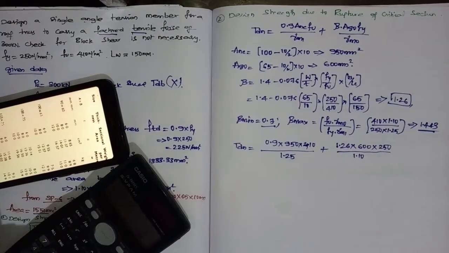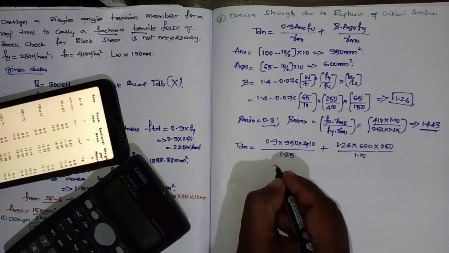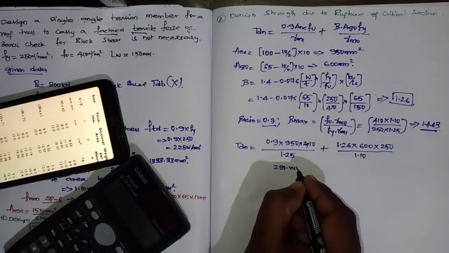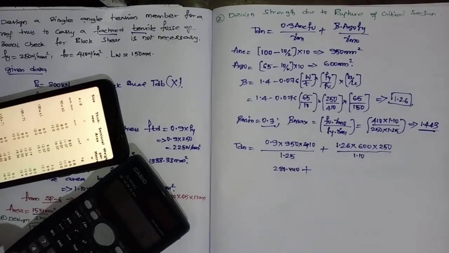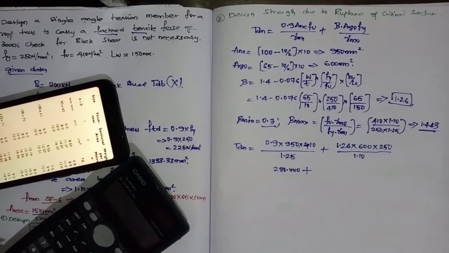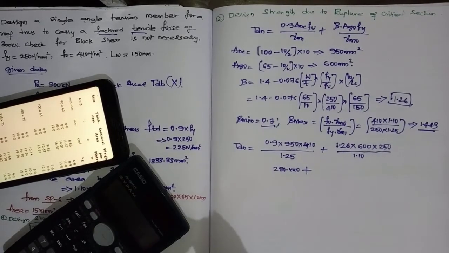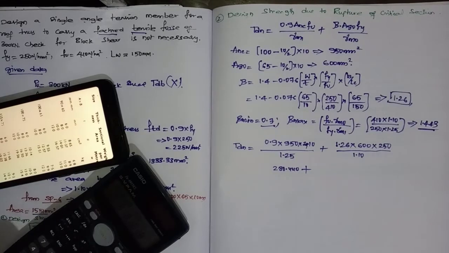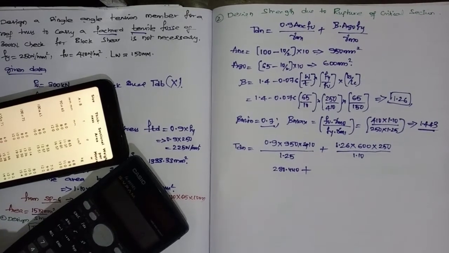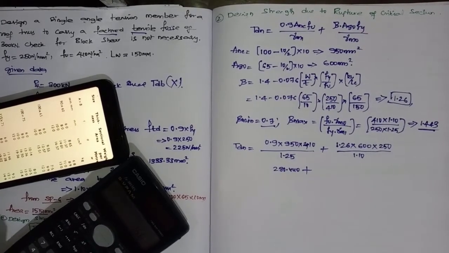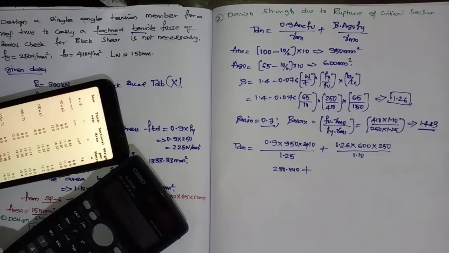Okay, 0.9 into 950 into 410 divided by 1.25, so 280.440 kilonewtons plus 1.26 into 600 into 250 divided by 1.10.